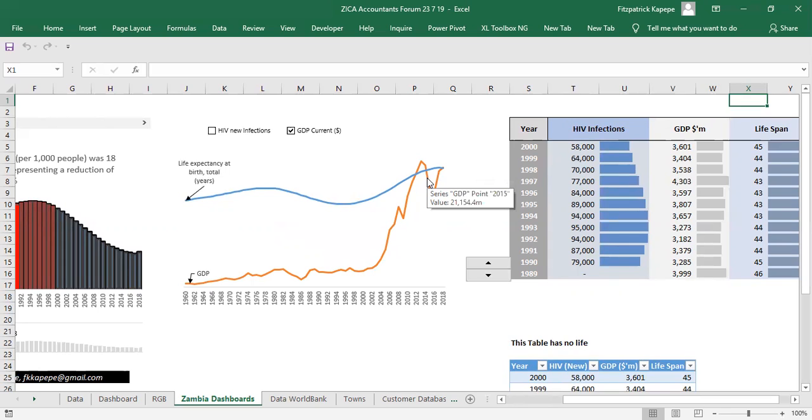Then President Lungu came in around the end of 2015.